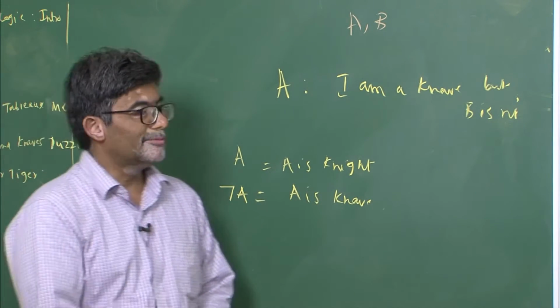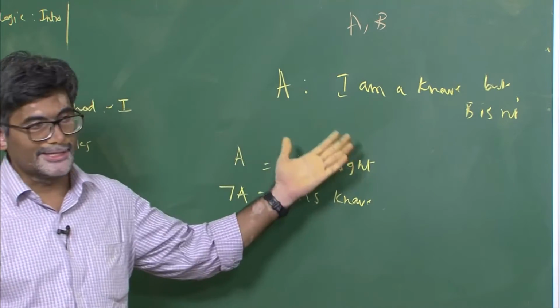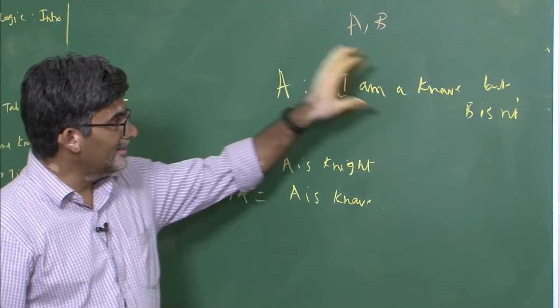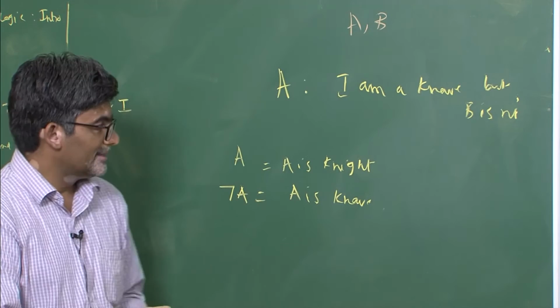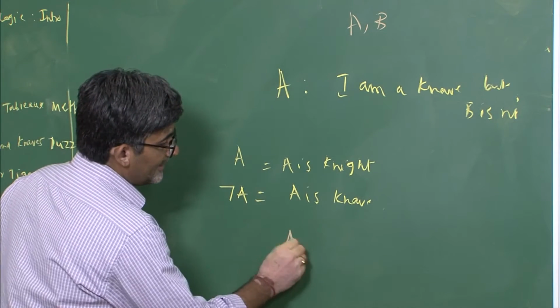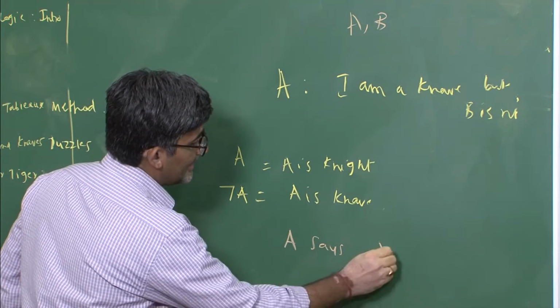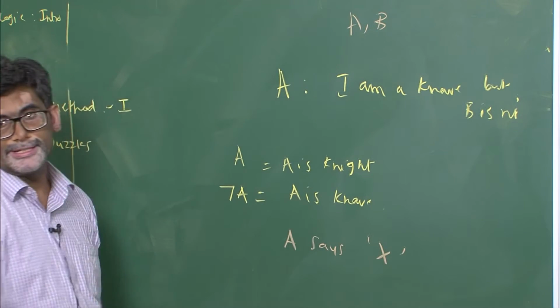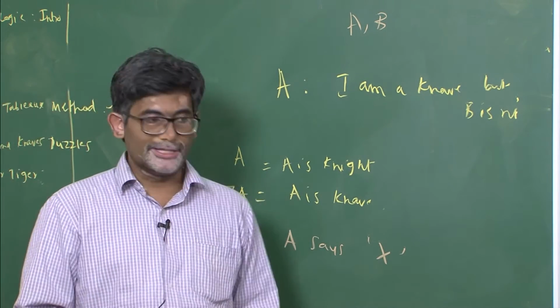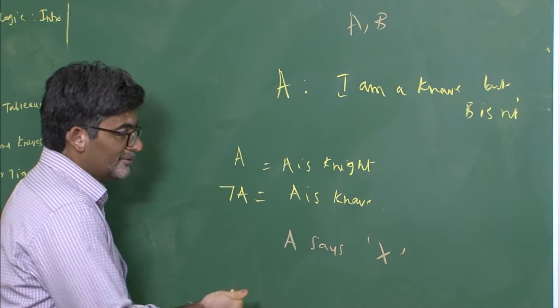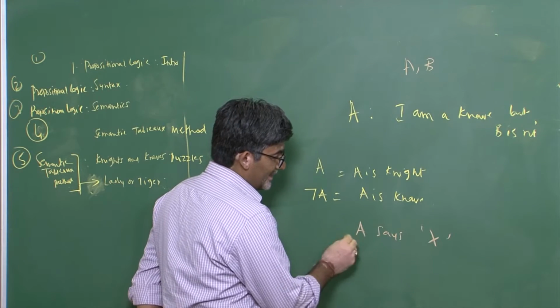Now there is one more thing which you need to take into consideration here. A is saying this particular kind of statement. So what does it mean to say A says, let us say, X? How do we represent it in classical logic? You need to take two things into consideration here.